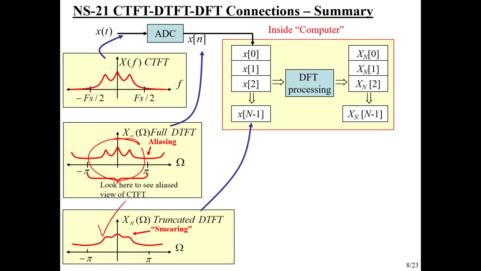So one of the big things that happens, remember how we saw that the really sharp delta function got smeared out into a wider main lobe? Well, this really sharp thing is going to get smeared out into a wider bump. So it won't be as pronounced. It won't go up as high. And in fact, this valley here will get filled in. Now, there might be some other wiggling in this, but this is the basic idea.